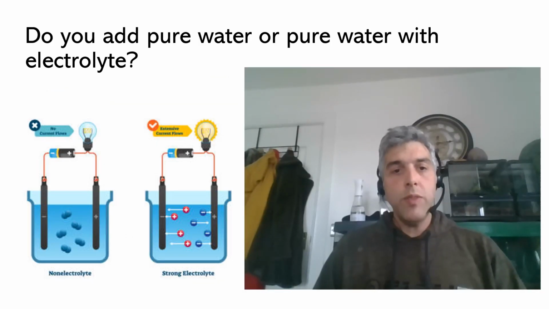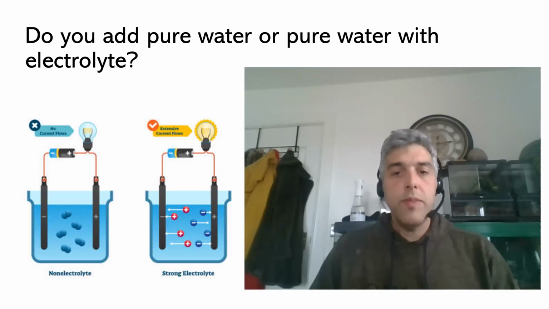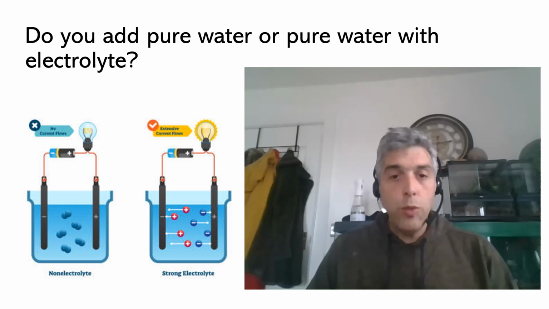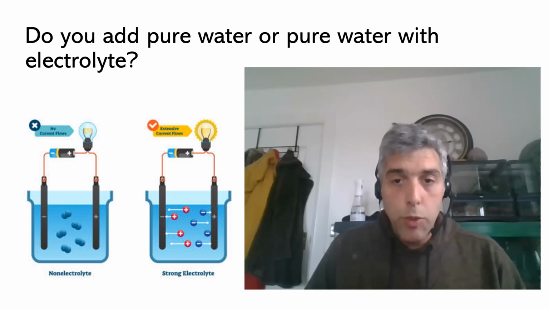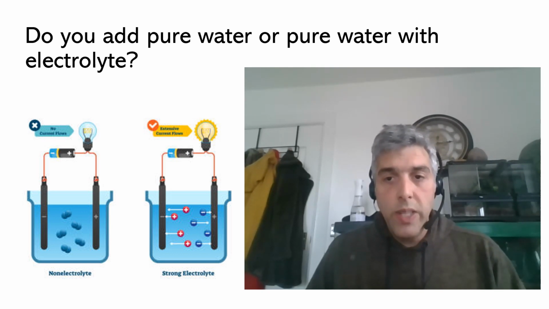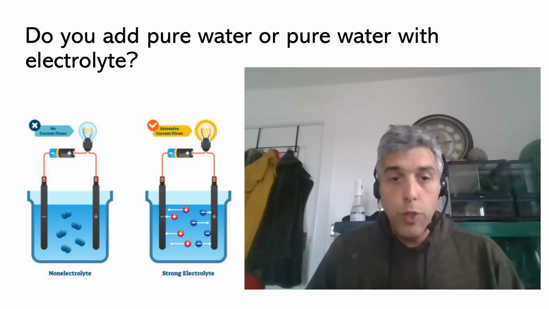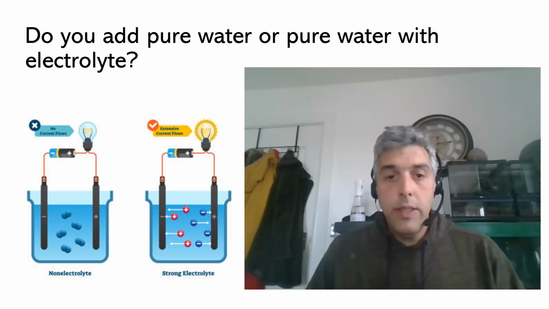So a fundamental difference between breathing machines comes down to when you first set up the machine, whether you only add pure distilled zero TDS, zero dissolved solid water into the machine, or whether you add an electrolyte, which is something which will conduct electricity in the solution.